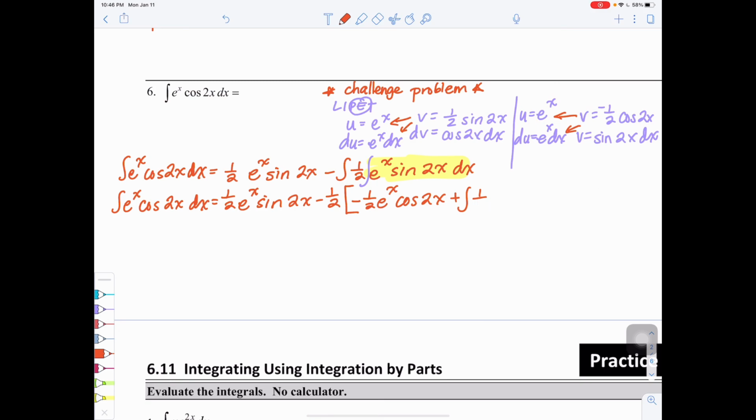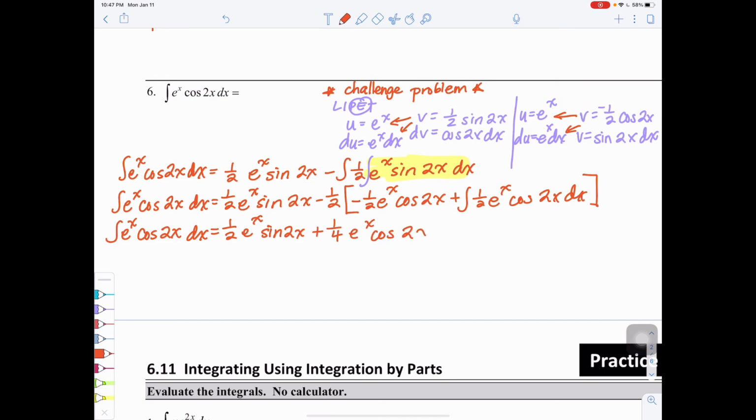Now it looks complicated, but no worries. So we have the integral of e to the x cosine 2x dx is 1/2 e to the x sine of 2x. Now we're going to distribute this negative 1/2. So that's a positive 1/4 e to the x cosine 2x.